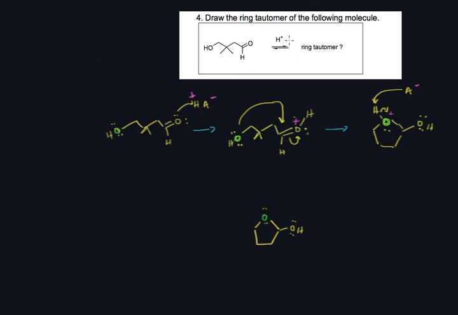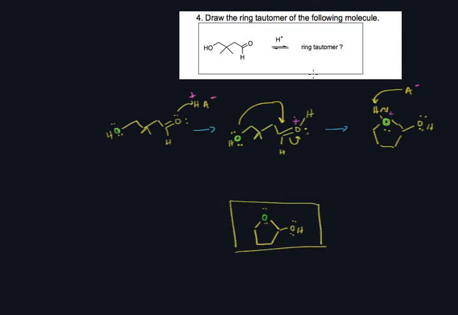And so what you'll see is that whatever conjugate base there was to this acid will come and abstract the proton from the oxygen of the hydroxyl group that attacked the carbonyl carbon, the hydrogen that's on this green oxygen. The conjugate base will abstract that hydrogen, allowing the electrons from that oxygen-hydrogen bond to eliminate the positive charge on the oxygen, and you'll be left with this product right here.